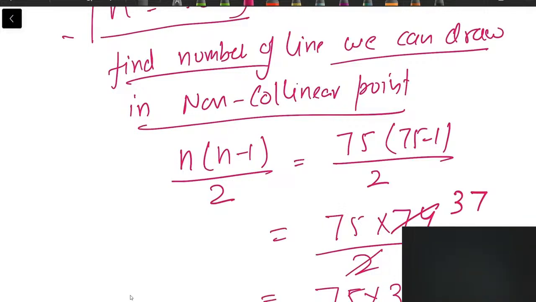If we have 75 non-collinear points, then we can do that. Any doubt? So when we multiply, here we will have 5, then here 7, 7, 2. So this is the number of lines you can draw from these 75 points.